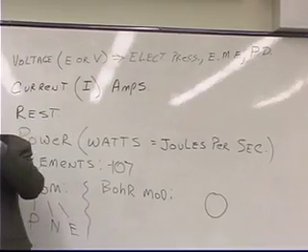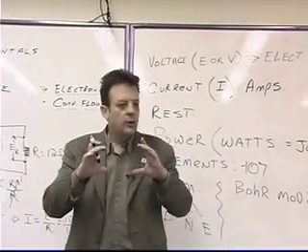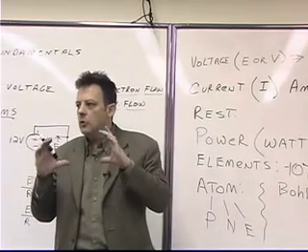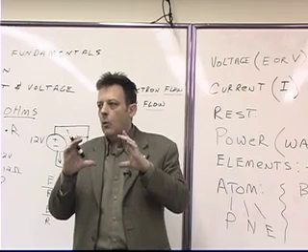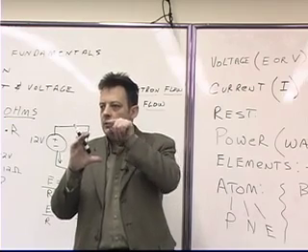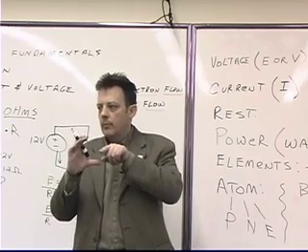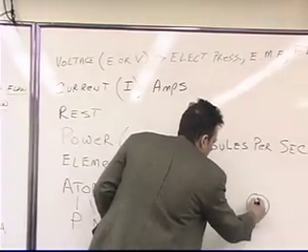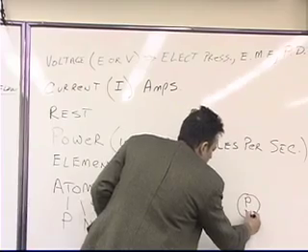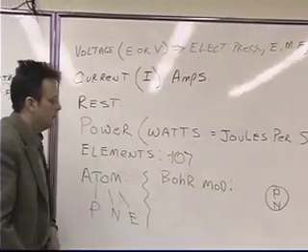And what is that center core called? The nucleus. It's called the nucleus of the atom. Okay? Now, what is inside the nucleus of the atom? Protons and neutrons. Okay?